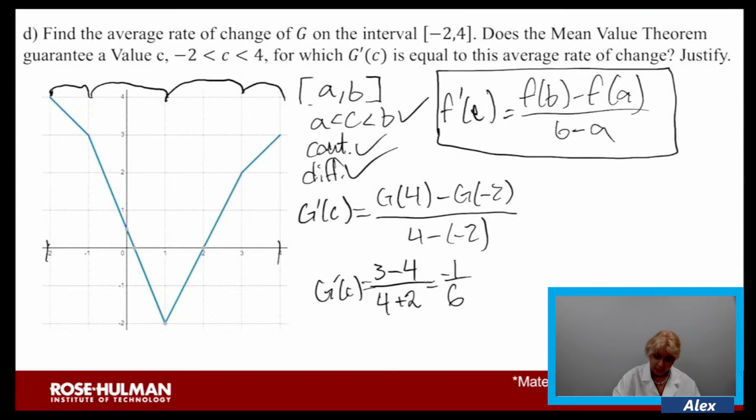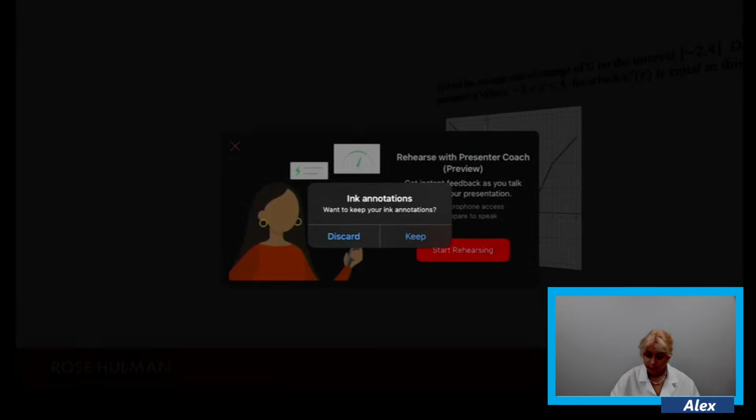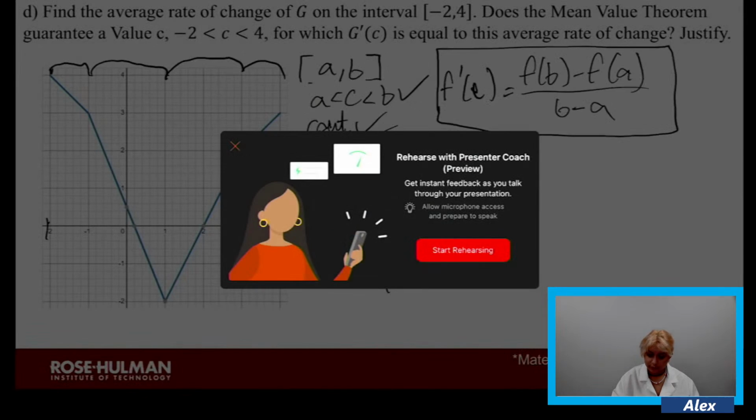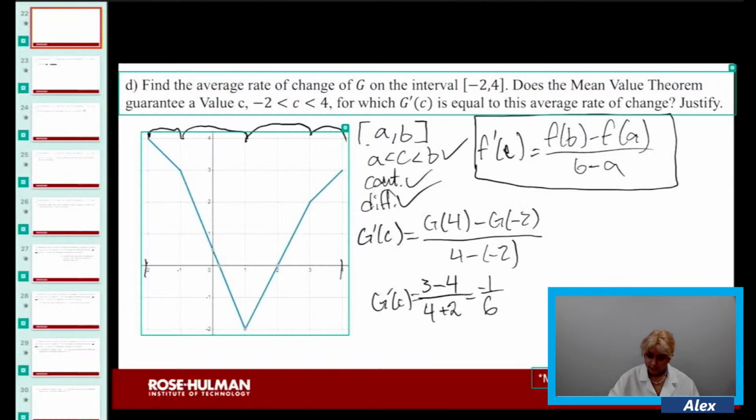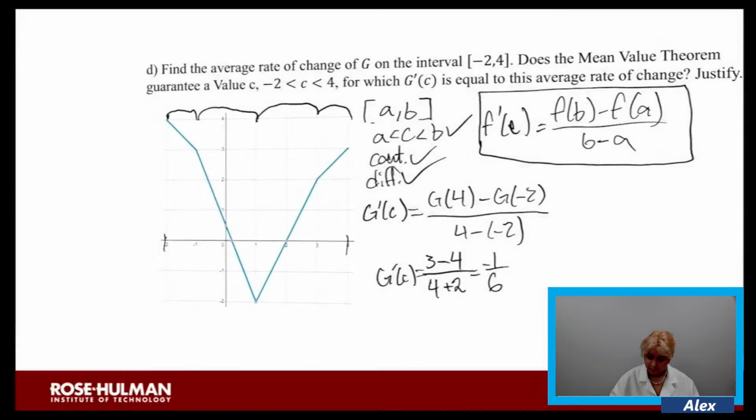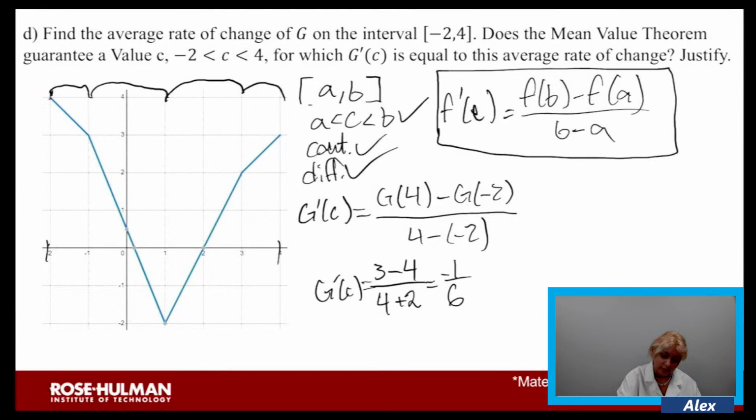Let's erase that really quickly. Sorry about that. So if you consider the average, it should give you the slope of the line from this point to this point.